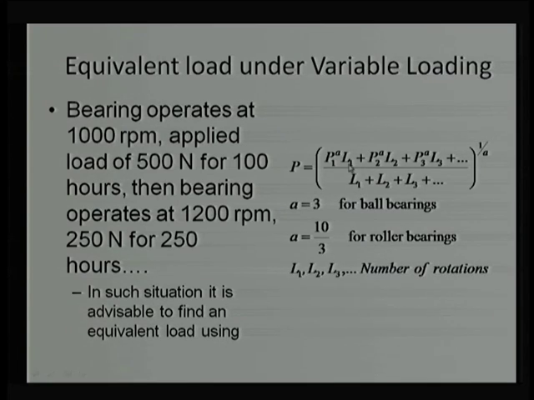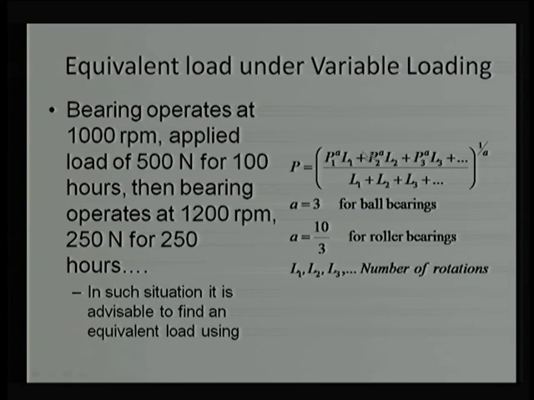Maybe for L1 number of rotations the bearing is subjected to load P1, for L2 rotations to load P2, for L3 rotations to load P3, and so on. So what will be the bearing life? The estimated bearing life will be L1 plus L2 plus L3 plus L4, L5, whatever the final number is, or maybe a repetition of that also.